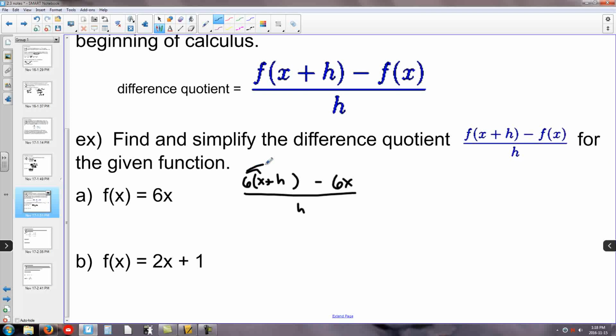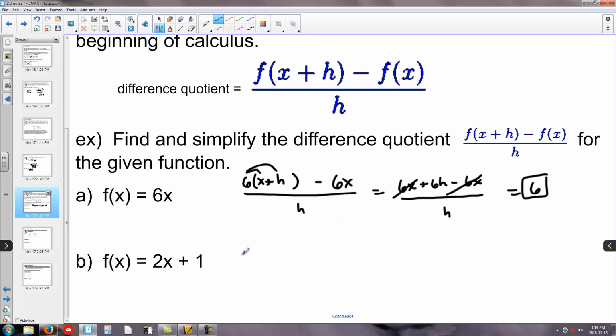Now if I distribute, I'm going to get 6x plus 6h minus 6x, all over h. The negative 6x and 6x cancel, and 6h over h is just 6. Now I told you it was the slope, and since this is a straight line, the slope was 6, and there we can see it. With other equations, it can get more complicated or less complicated.